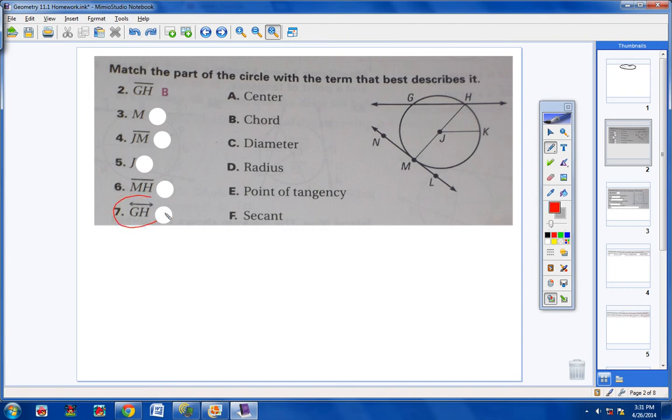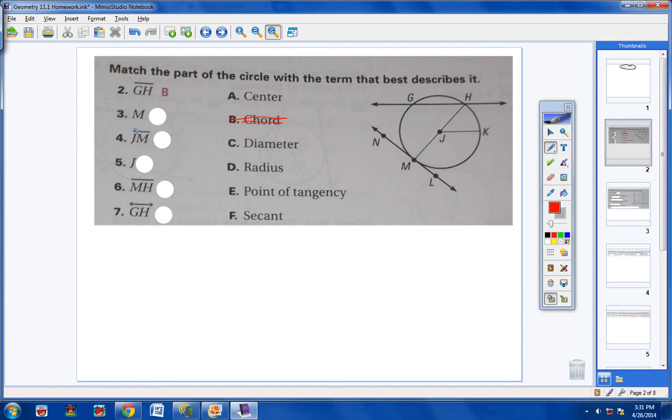This is line GH because of the arrow here and the arrow here. Sorry about that. This is segment GH. So it's referring to from here to here. So whenever a segment is inside of a circle, intersecting two parts of the circle, or its endpoints lie in the circle, we do call that a chord. And I apologize, and that is the right answer.